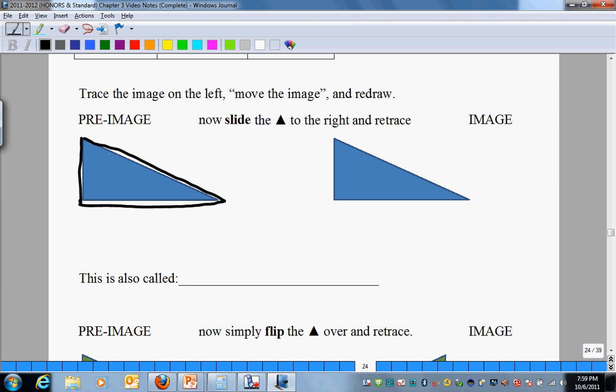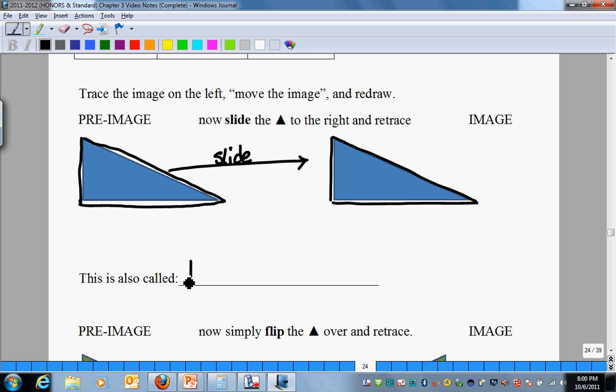Now draw an arrow like you're sliding the triangle to the right. Slide. I'd like you to retrace the given triangle. That's called the image. We have a pre-image, slide, and then we have an image. This slide has a technical name called translation.